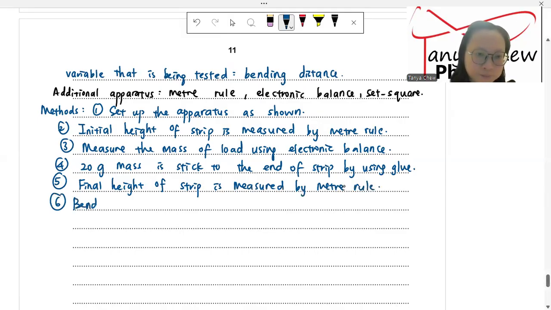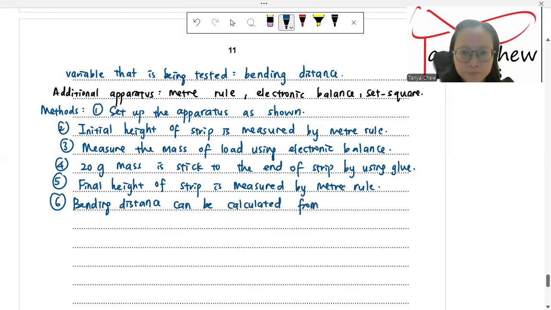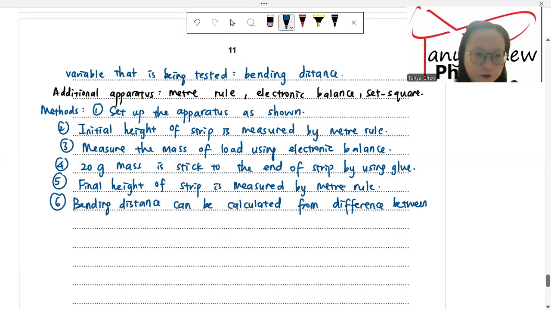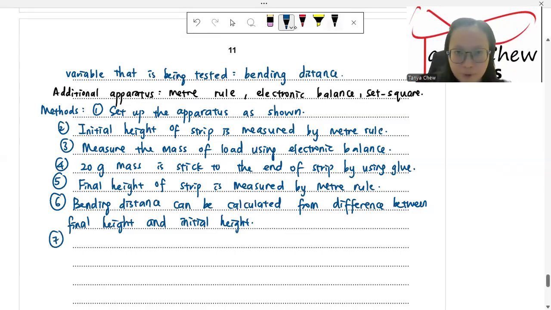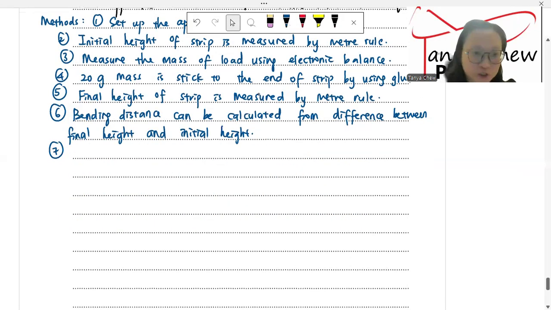Bending distance can be calculated from difference between final height and initial height. And then number 7, or the last part, remember, always end your procedure or your method with repetition.